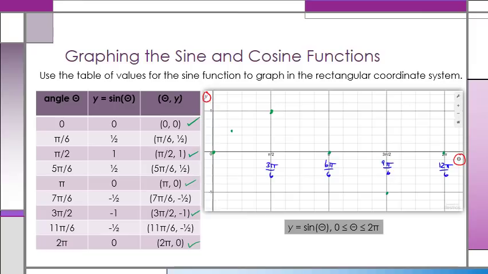It's an estimate. 5 pi over 6 is going to be closer to pi, or 6 pi over 6, and so maybe I will put that about right here. Again, I'm just estimating. 7 pi over 6, negative 1/2, that's going to be also close to pi, and I'm going to go down, so maybe about right there. And then finally 11 pi over 6 is going to be closest to 12 pi over 6, but still down at negative 1/2.